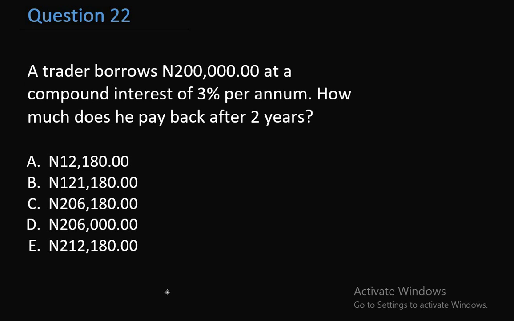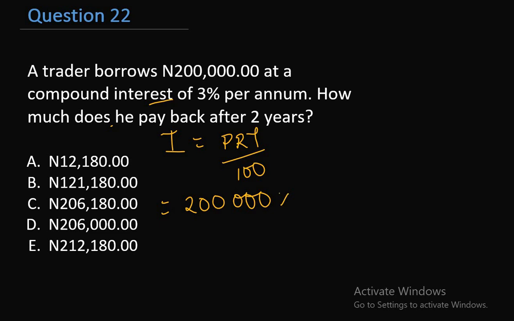So we calculate for the first year and for the second year. The interest for the first year will be principal times rate times time over 100. The principal is 200,000, the rate is 3, the time is 1 for the first year, divided by 100.